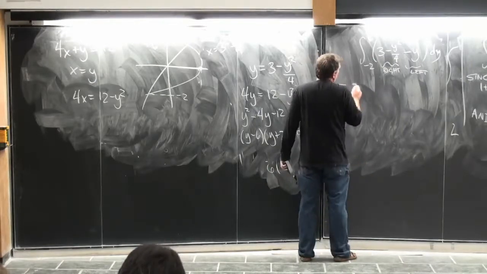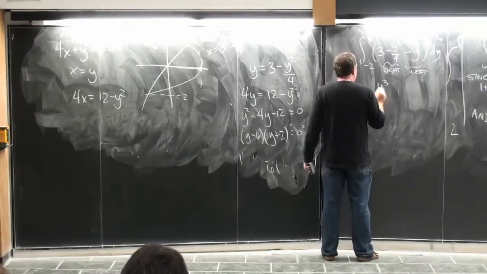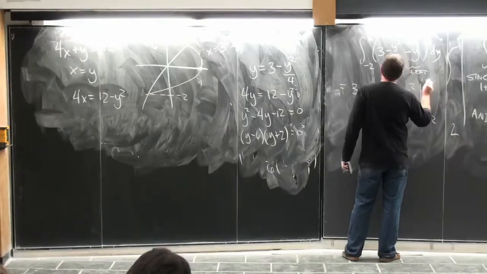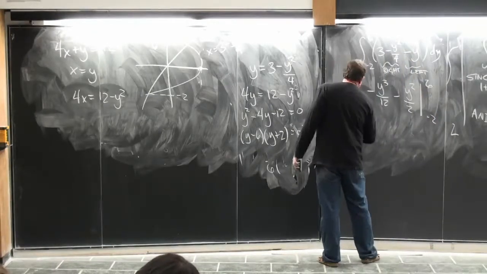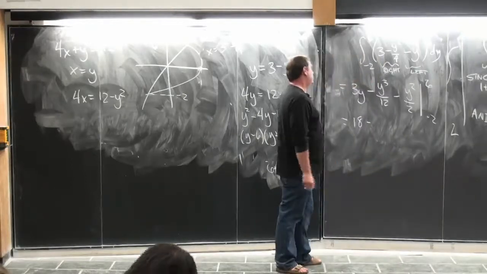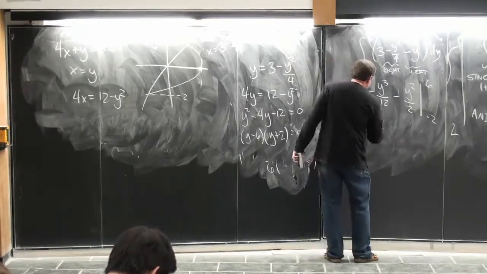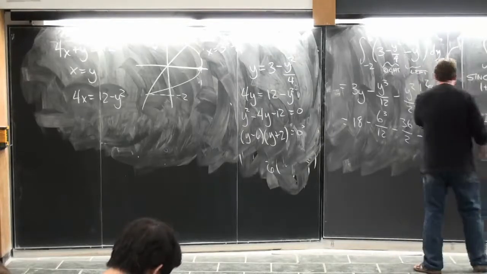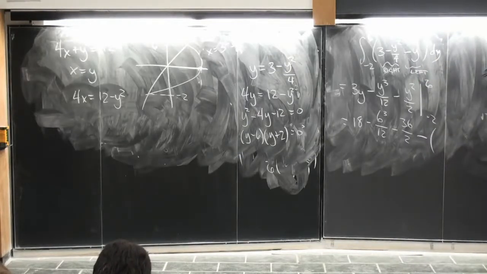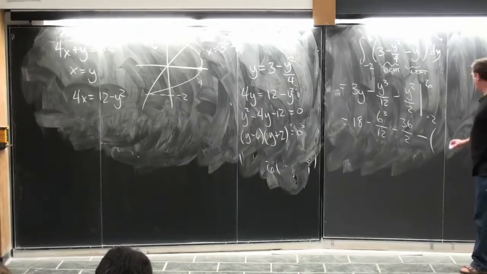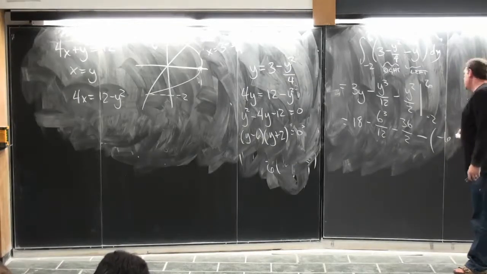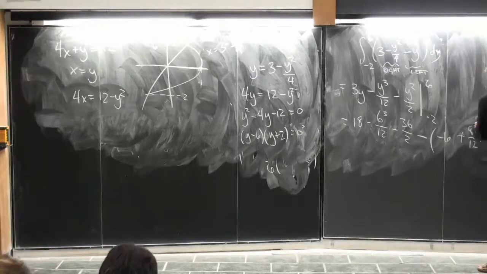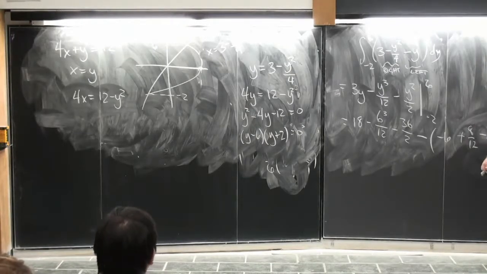And so now we just get 3y minus y cubed over 12 minus y squared over 2 from -2 to 6, which is 18 minus whatever 6 cubed is, 36 over 2, minus what we get when we plug in -2, so -6 plus 8 over 12 minus 4 over 2.